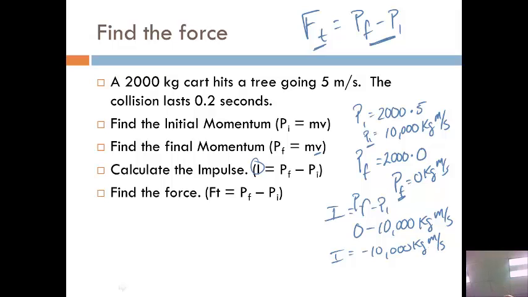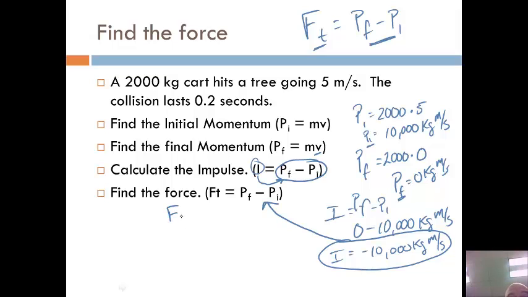So when it comes time to find the force, here it says that the impulse is equal to this momentum final minus the momentum initial. So what we can do then is we can take this answer that we got for impulse and plug it in right there. And what that gives us then is some force that we don't know yet.